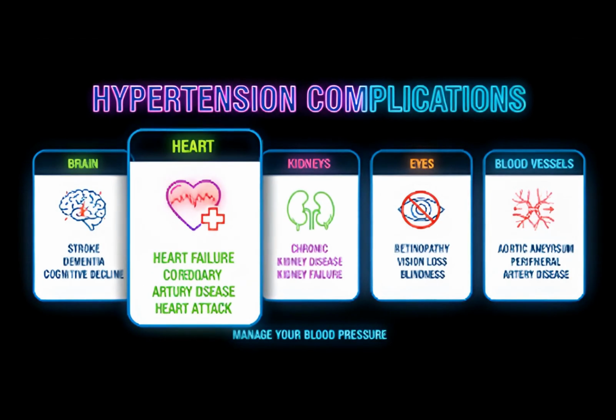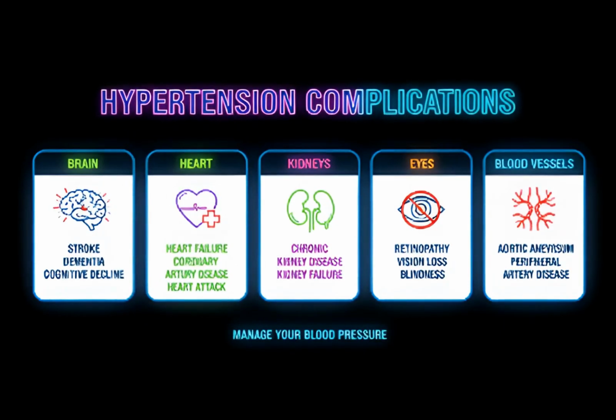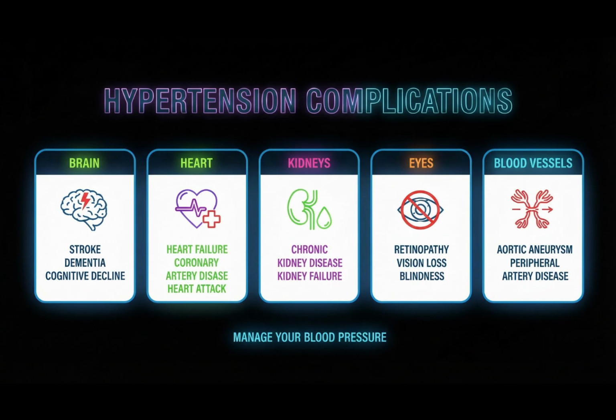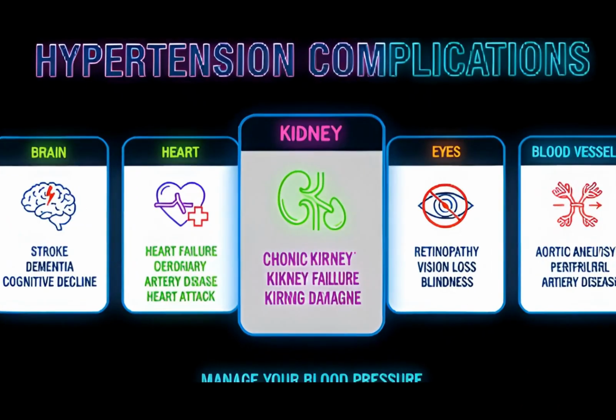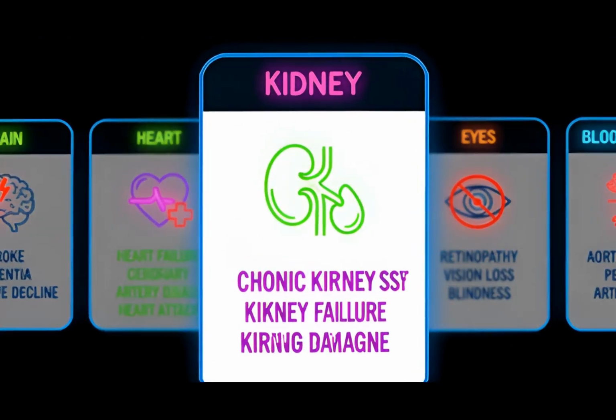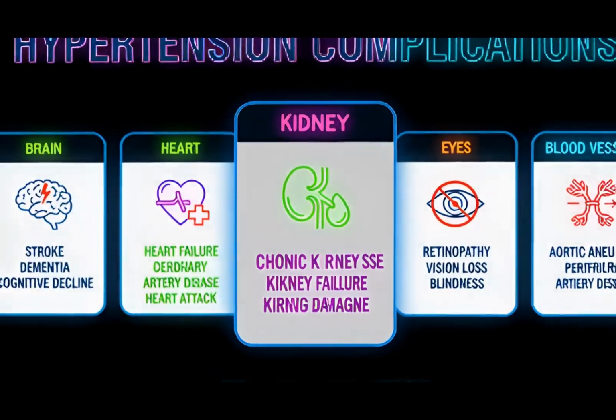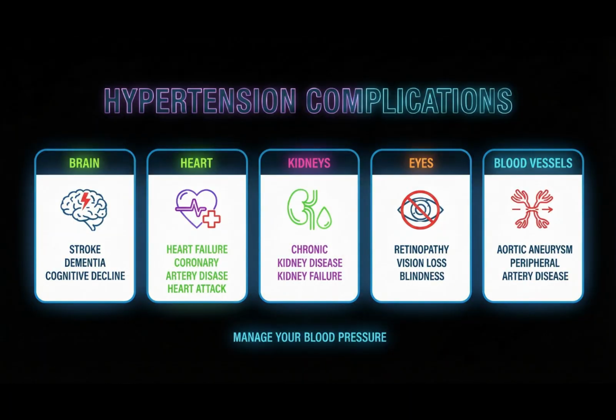Hypertension is a major driver of heart failure, coronary artery disease, and even heart attacks. This is why accurate coding of heart involvement is so important. Moving to the kidneys, chronic high blood pressure causes CKD and eventually kidney failure, often requiring dialysis. This is exactly why we have an entire I12 and I13 coding category.